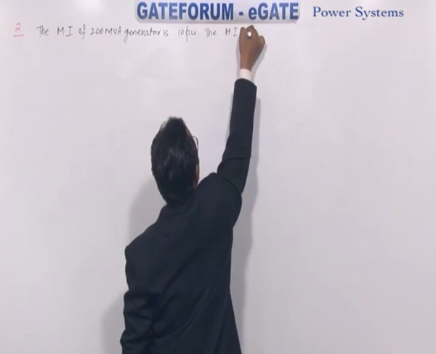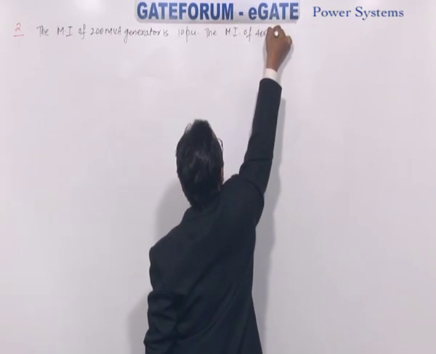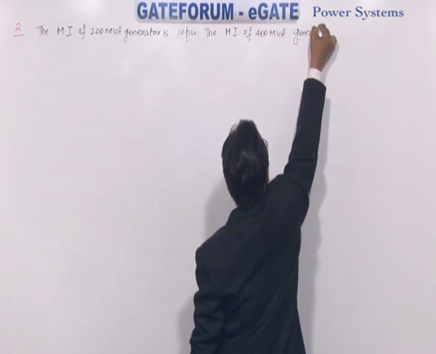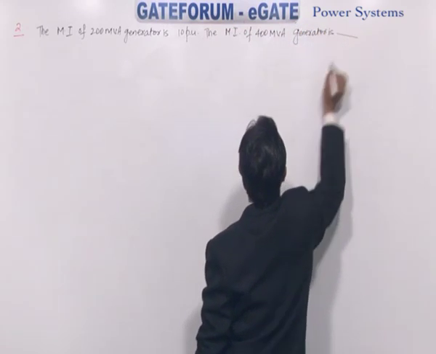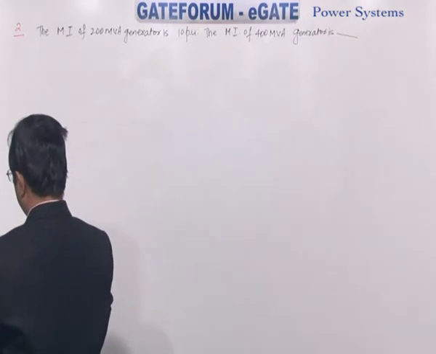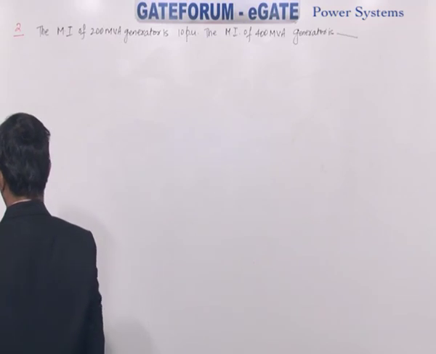The moment of inertia of a 400 MVA generator is what we have to calculate here.